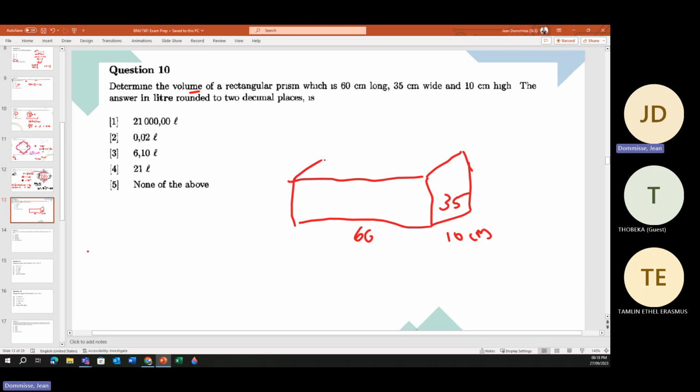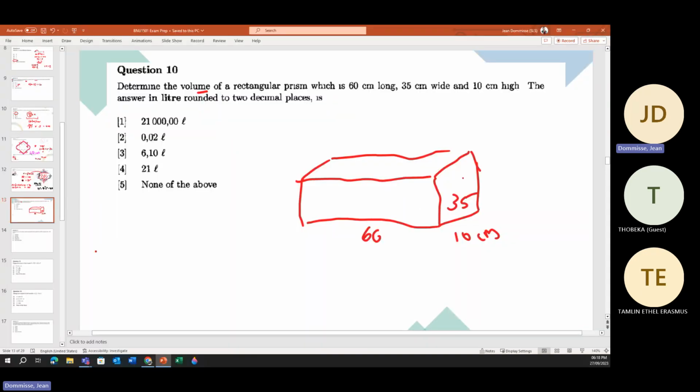Okay, so it looks something like that. And then we need to find out, if you look at liters, how many liters will be needed to fill this.